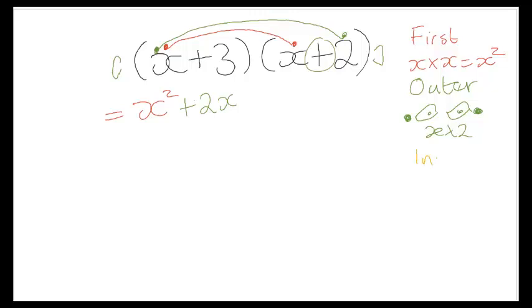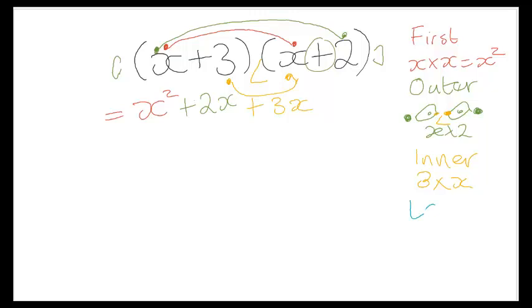So my inner is, if we're looking at our eyes, where the nose is, so that one and that one. If your nose is over there, then your inner will be 3 and x, so I'm multiplying those two together. So I've got 3 times x is plus 3x. And finally I have last.